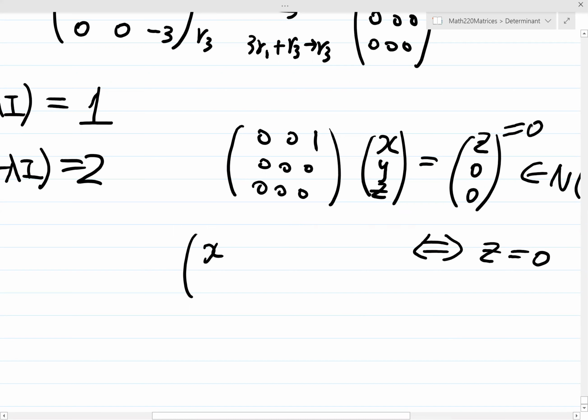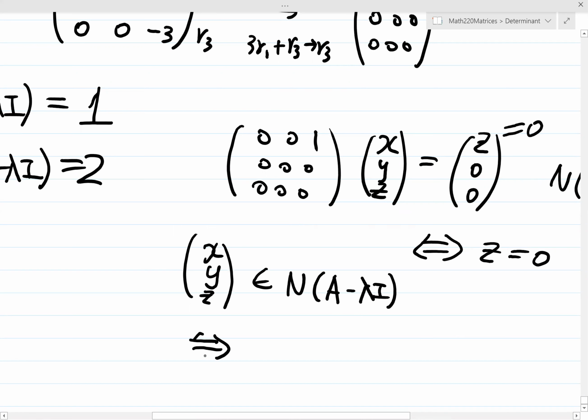We want this to be 0, so x, y, z is in the null space of this matrix, which is equivalent to z equal to 0. That is, the null space is x, y, 0, the xy plane.